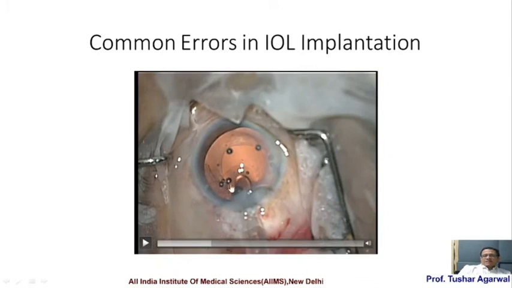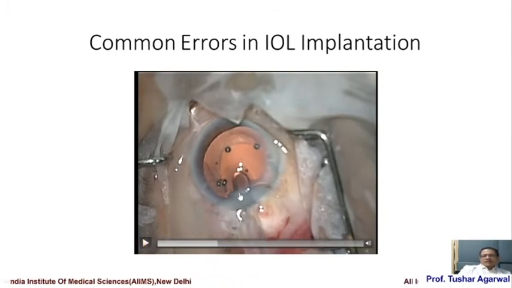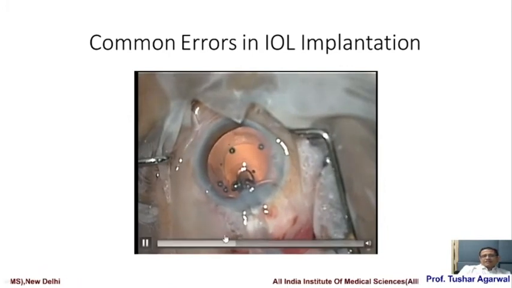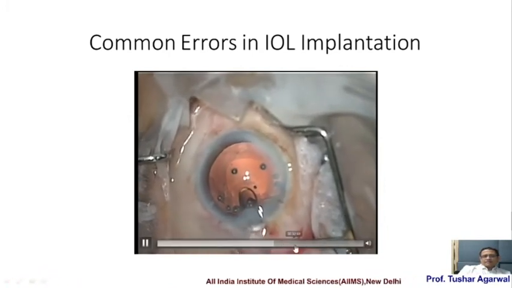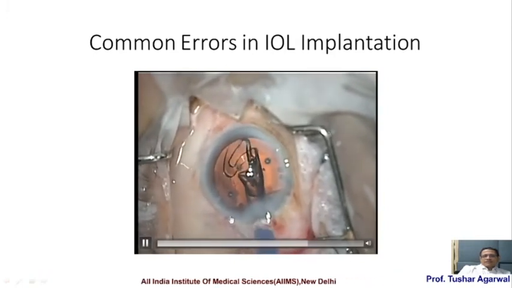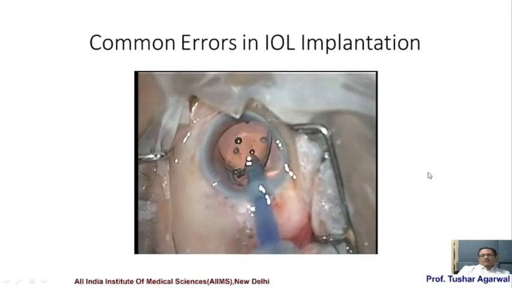As you keep injecting, the anterior chamber gets further and further pressurized, and there is no possibility of the lens to go in until the viscoelastic comes out. It will come out from either here or from the side port like a pressure valve, and once that comes out, only then the lens goes in. You see the lens is starting to come now, and the viscoelastic will come out from both the sides, and that is the point where the lens comes in.